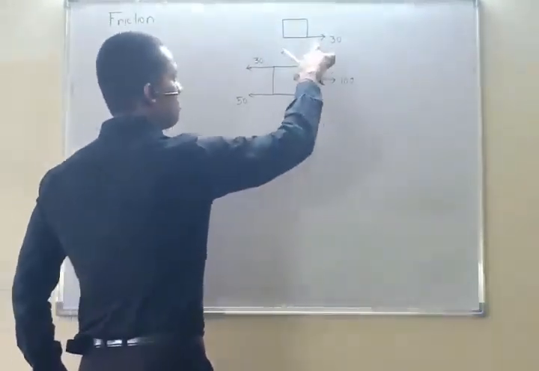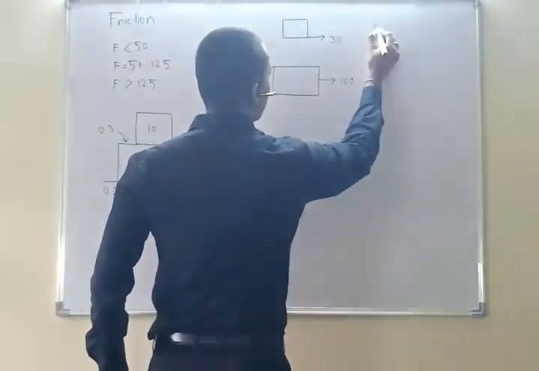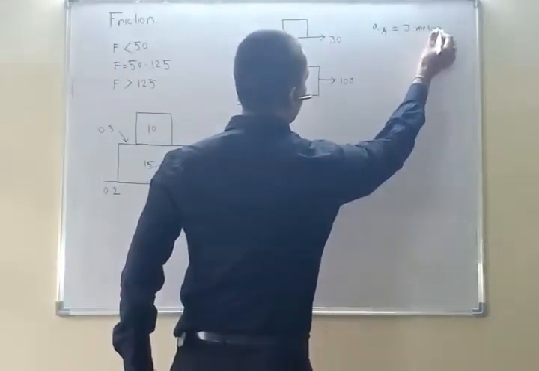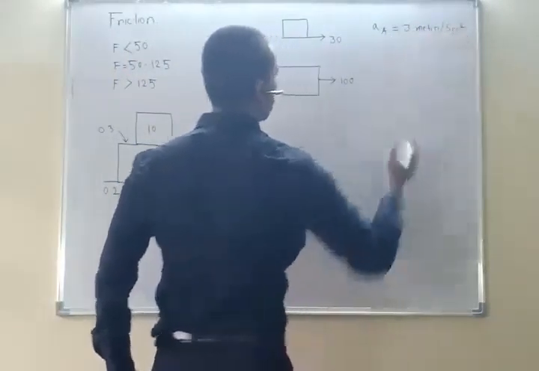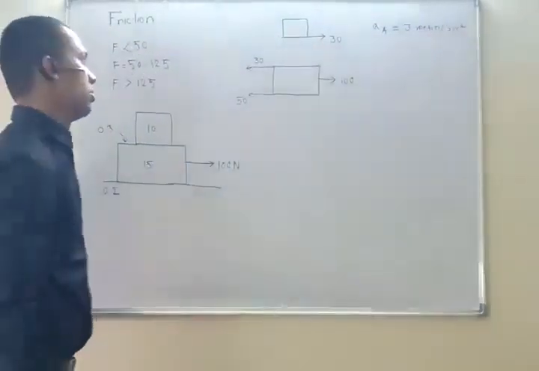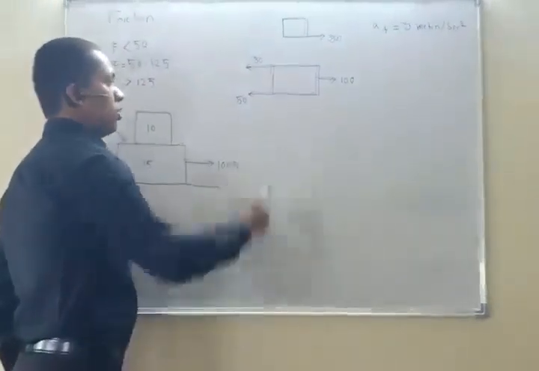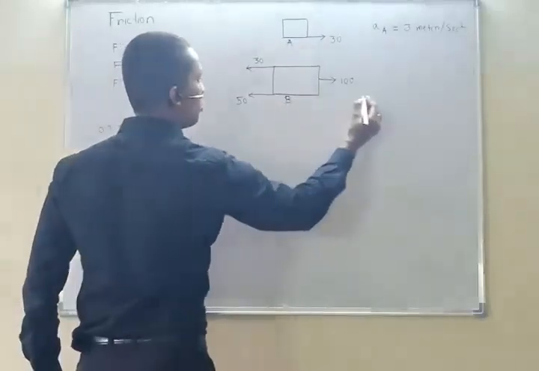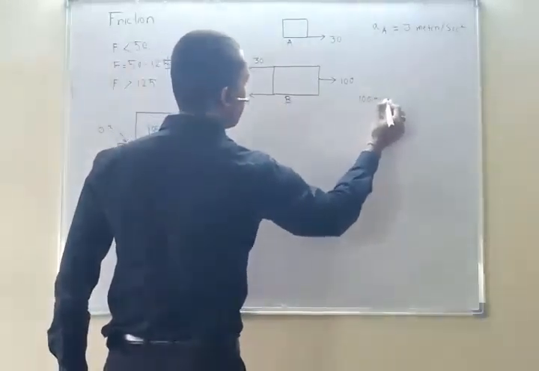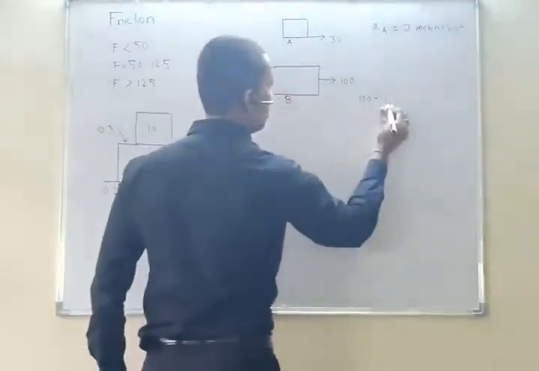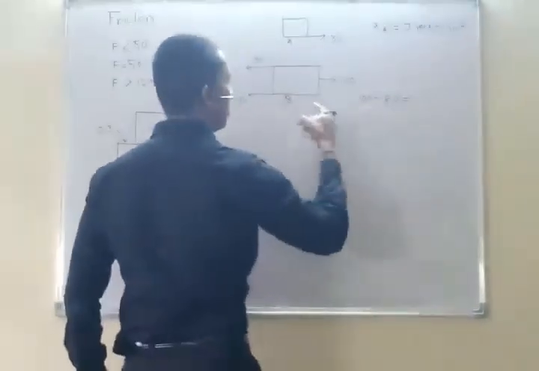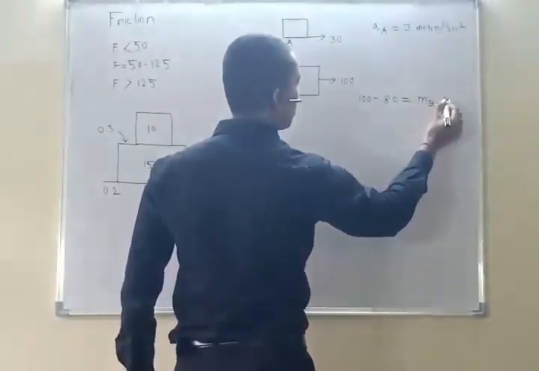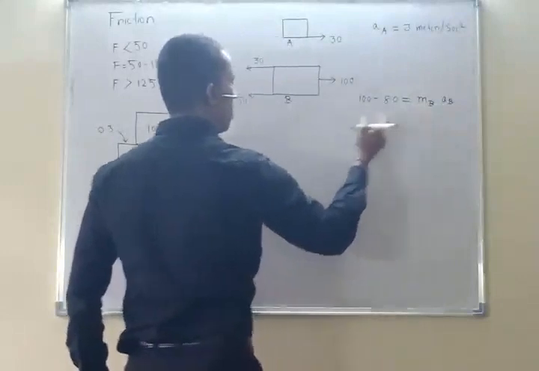Now, because of 30, acceleration of A was 3 meter per second square. This one was the maximum acceleration possible for block B. This is A, this is B. For block B, 100 minus 50 and 30, 80, equal to mass of B into acceleration of B. So mass of B is 15.